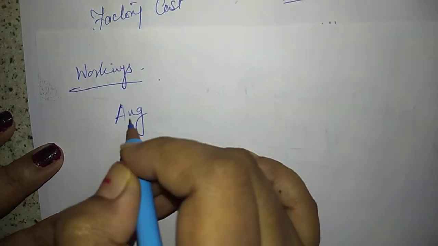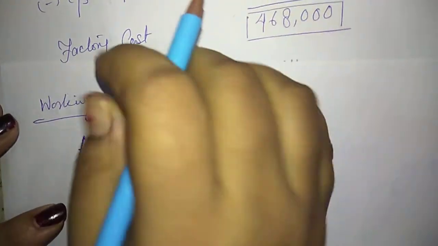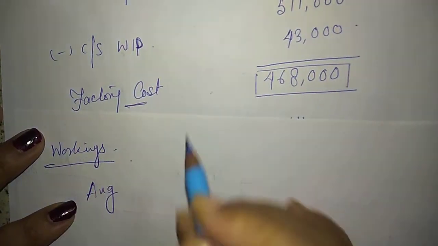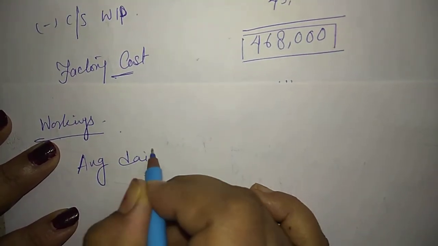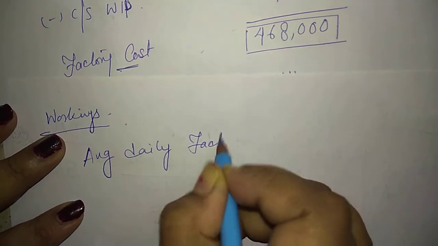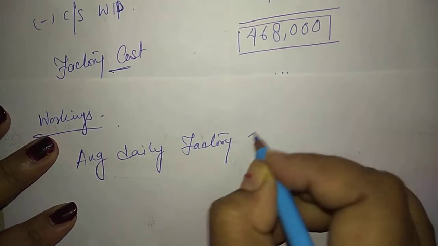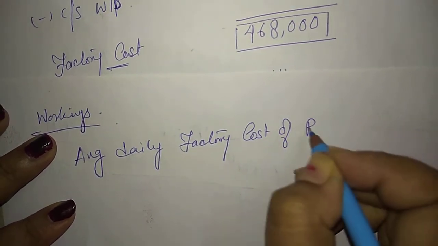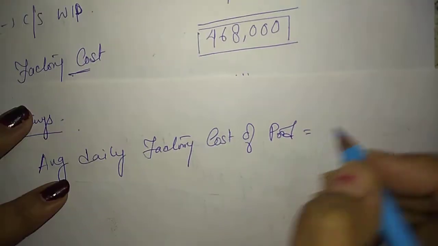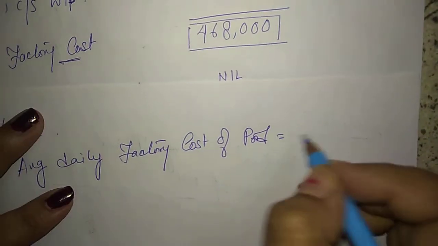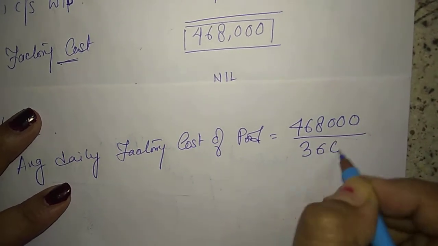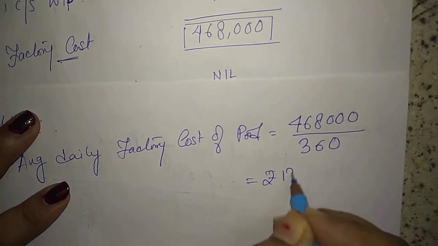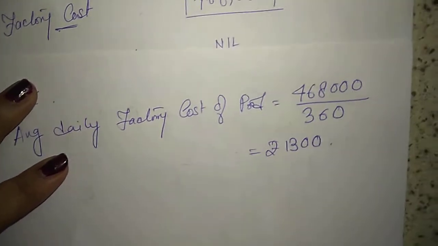Where does the WIP lie? WIP lies here in the factory cost. So average daily factory cost of production. How much? 4,68,000 is the cost of production in 360 days. So each day you will be incurring 1300.